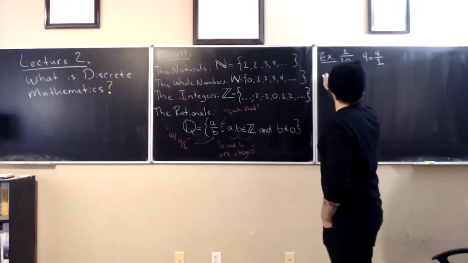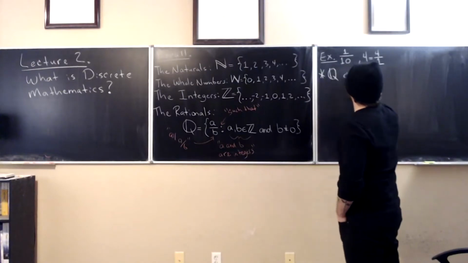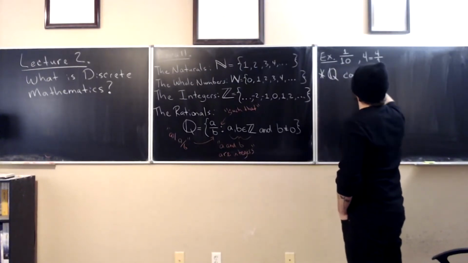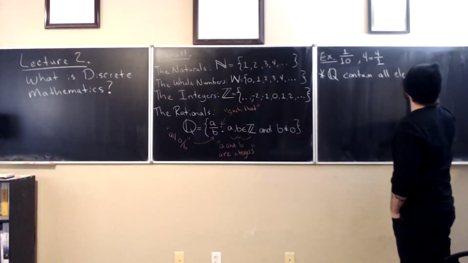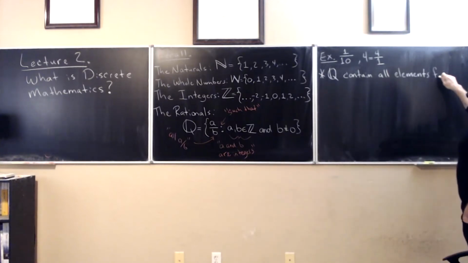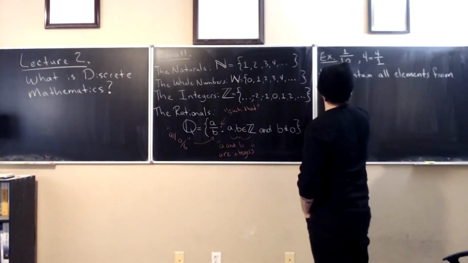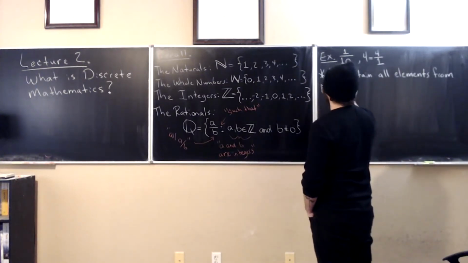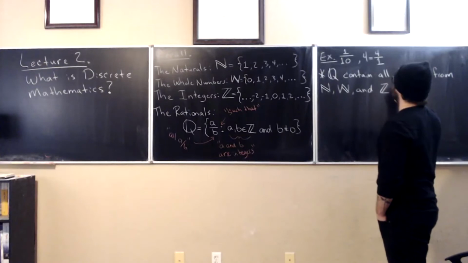So maybe I should make a point of that. The rationals contain all elements from the naturals, the wholes, and the integers.